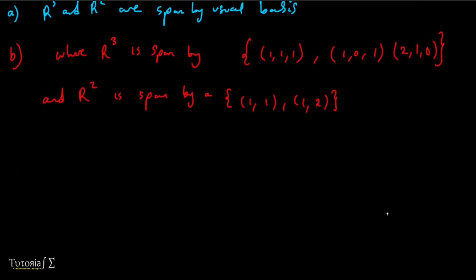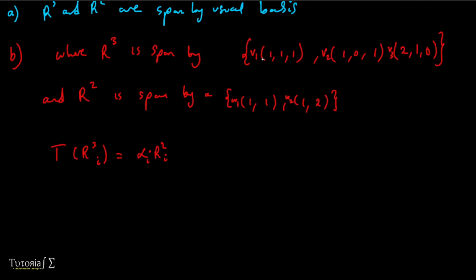So for part B, you need to write the vectors in R3 as a linear combination of vectors in R2. So you transform the vectors in R3 and you write them as a linear combination of vectors in R2. Maybe this is V1, this is V2, this is V3, and maybe this is W1 and this is W2.